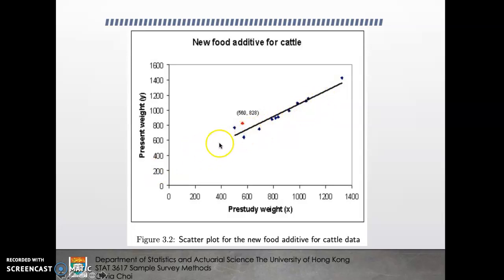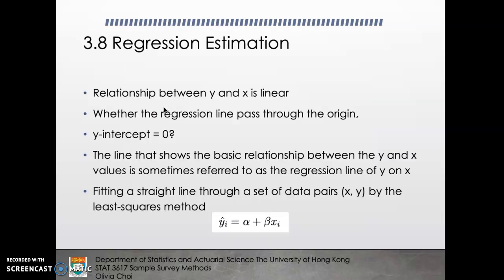We have x and y plotted, and except for some outliers, they exhibit a linear relationship. So it is good to make use of the data x to help us estimate the variable y.